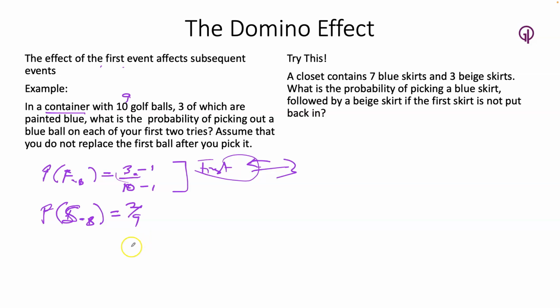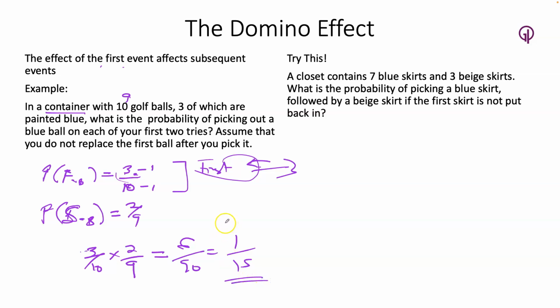Okay, and so here if you want to find the probability of picking 2 blue balls out of the container, then you have 3 over 10 times 2 all over 9, which is 6 over 90, 1 over 15.